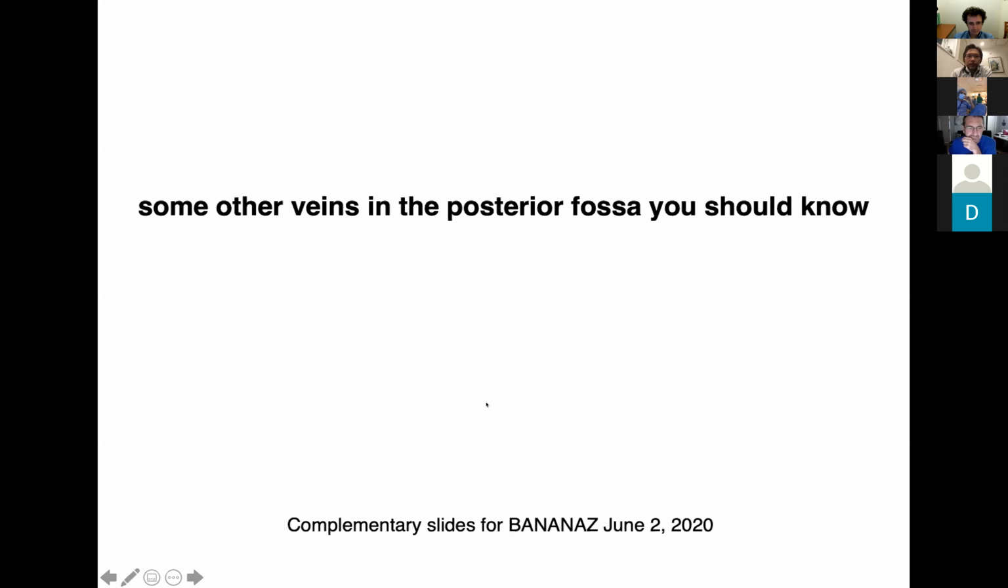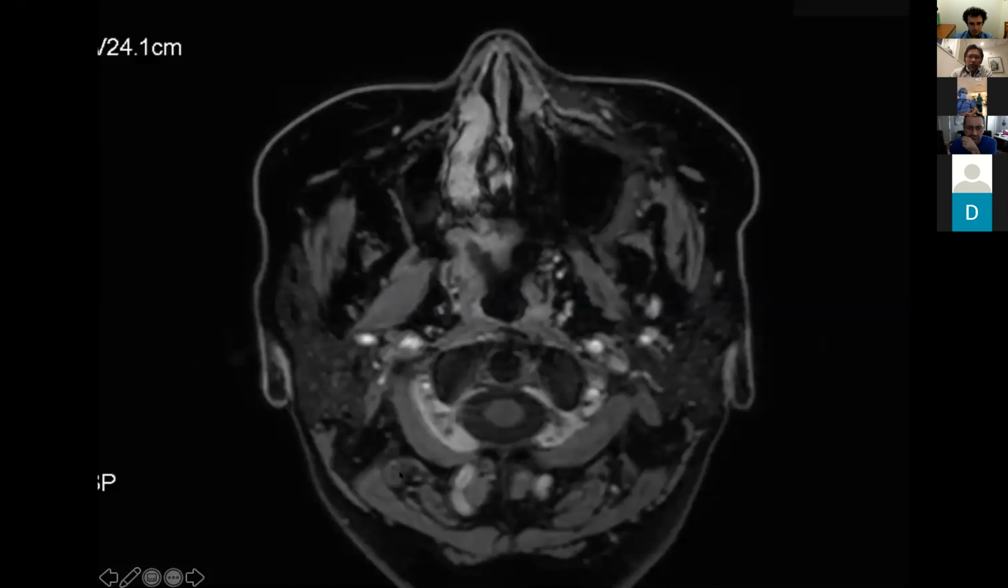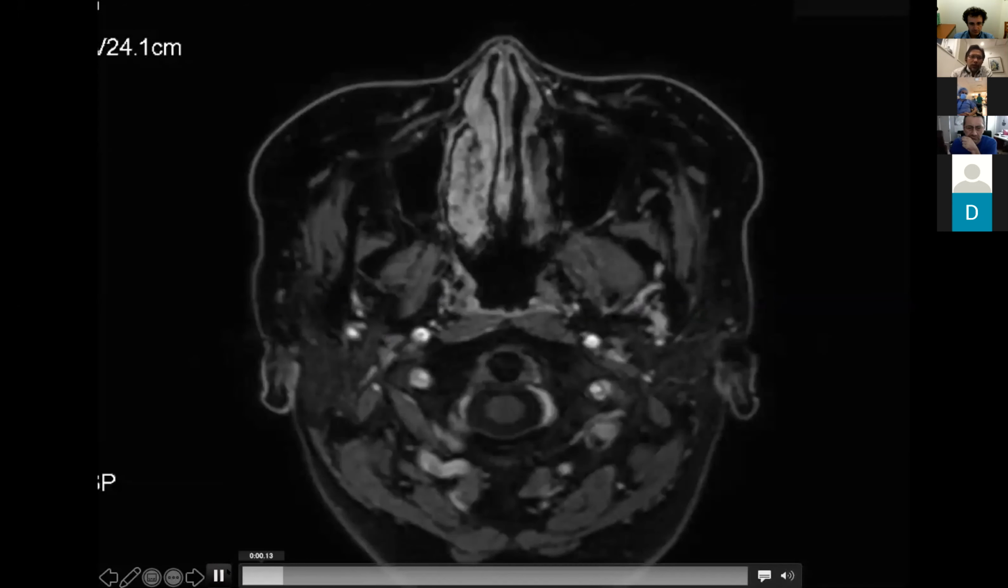We call them bridging veins, especially those attached to the superior petrosal sinus. They connect the supratentorial veins also to the posterior fossa veins.